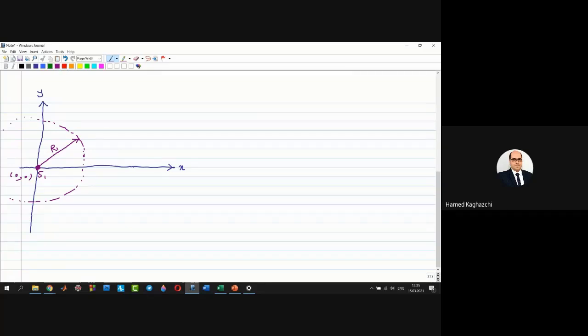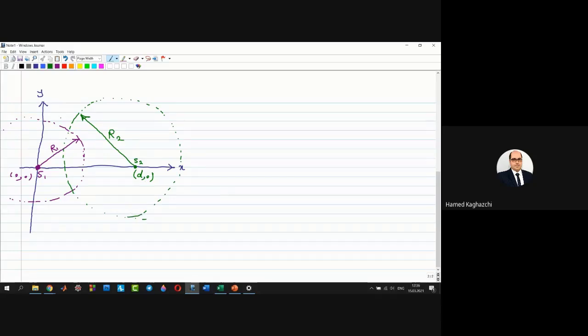Another satellite is located here, S2, with the coordinates D and 0. Suppose that this distance is D, and this satellite has a distance R2 to the object, and it is also the center of a circle.